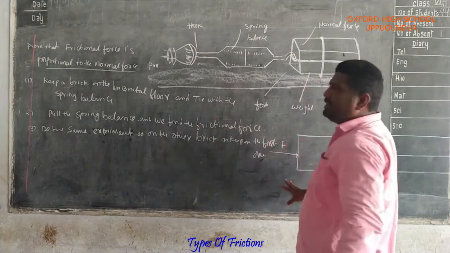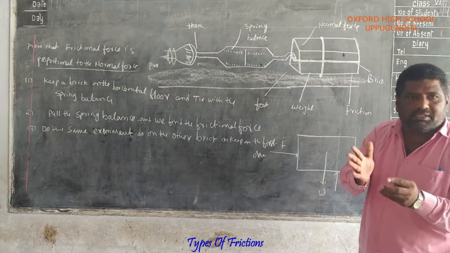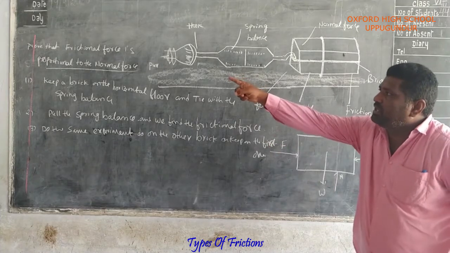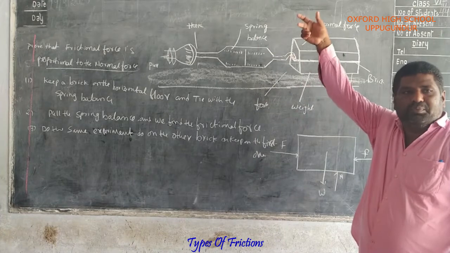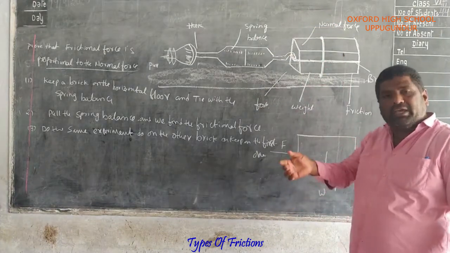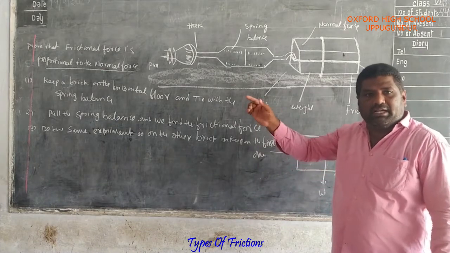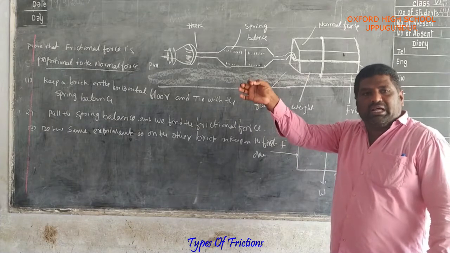So today we are discussing one more topic: prove that frictional force is proportional to the normal force. In the previous class we discussed that friction is independent of the area of contact, friction is directly proportional to the normal force, and friction is caused by the irregularities of the surface.